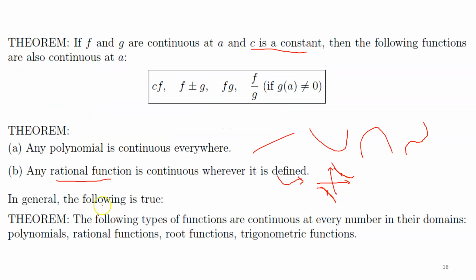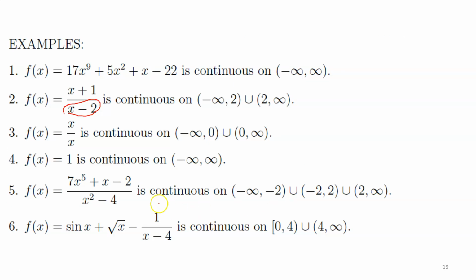So since we go back to this, any rational function is continuous wherever it is defined. So dia define dekat mana? Dia define dekat yang ni lah. Negative infinity until negative 2, union with negative 2 until 2, and also this one. Okay? And the last one is trigonometric function.